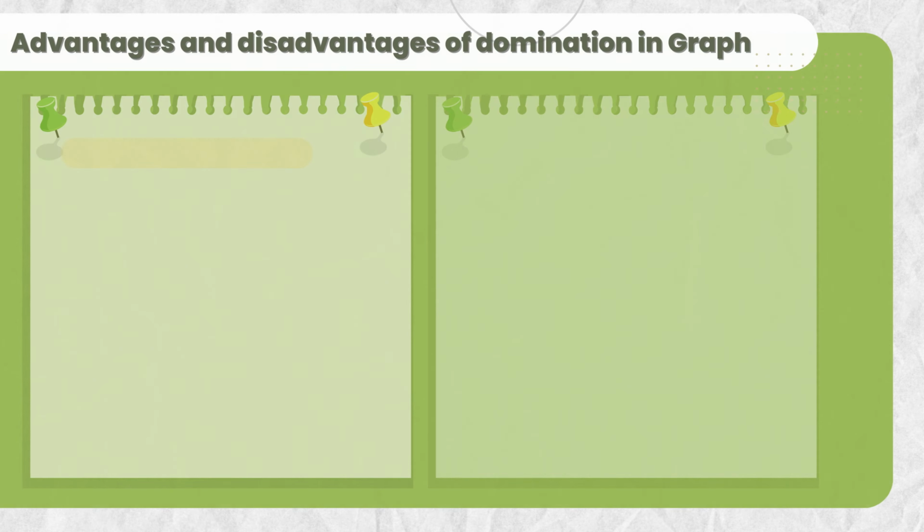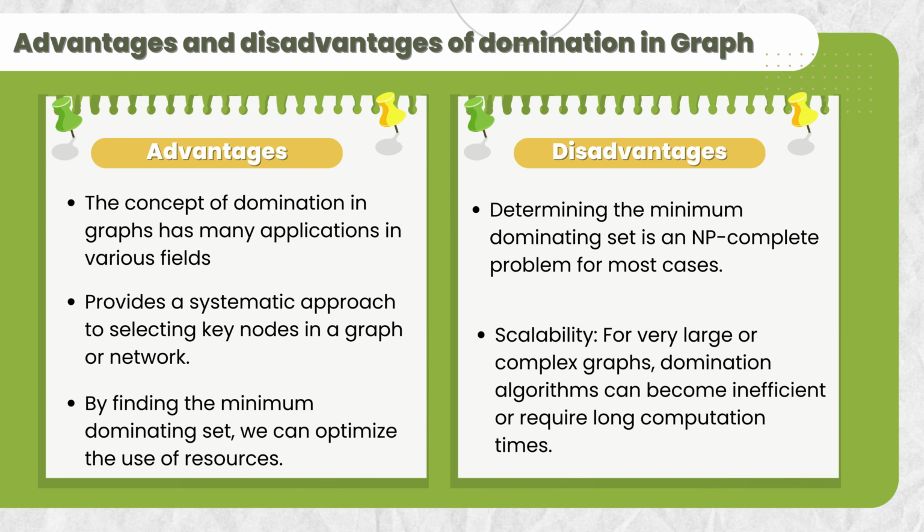Next, we will discuss the advantages and disadvantages of domination in graph. Advantages: one, the concept of domination in graph has many applications in various fields. Two, it provides a systematic approach to selecting k vertices in a graph or network. Three, by finding the minimum dominating set, we can optimize the use of resources.